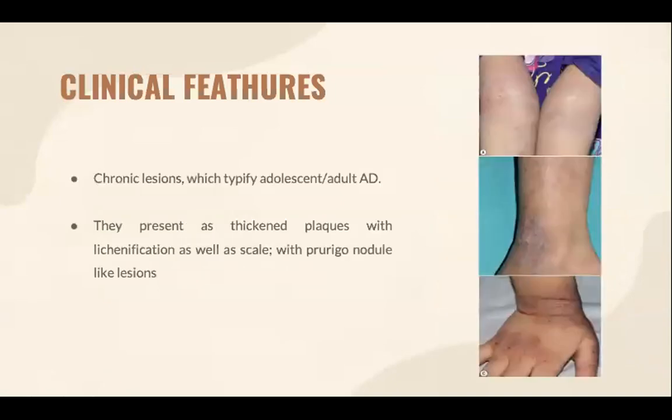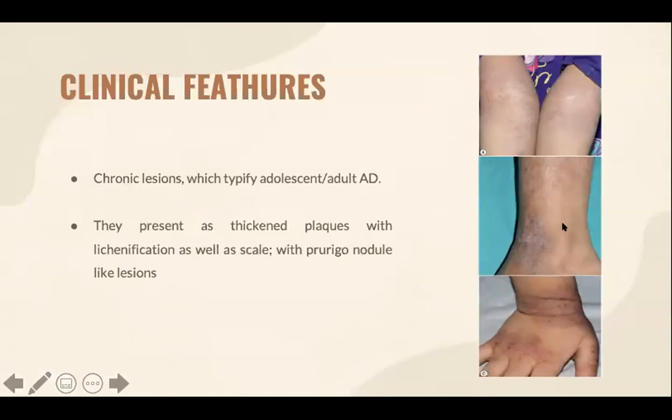The chronic lesion usually happens in adolescent and adult atopic dermatitis. It presents as lichenification, scale, and punctate exaggeration in the antecubital fossa with prurigo nodule-like lesions. So as you see here in the antecubital fossa, we have the lichenification, scale, exaggeration, while here we have coalescing papules and lichenification on the ankle.